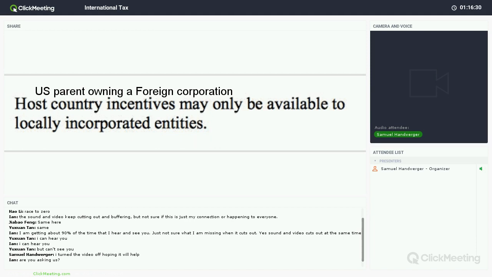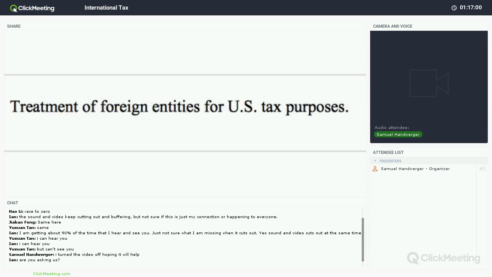So that's another reason why you may have this situation where it's not a branch, it's not just an offshoot of the U.S. company doing business in a foreign country. It could be that there's an incentive given to the United States or any other outsiders to do business in their country, but the incentive is only if you incorporate locally there in their country. So that's why you might wind up with a subsidiary relationship with your foreign operation.